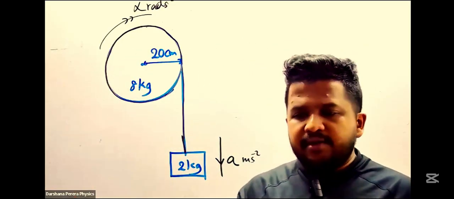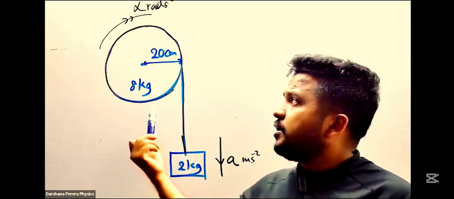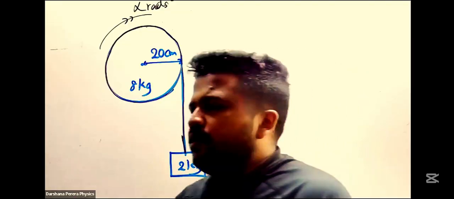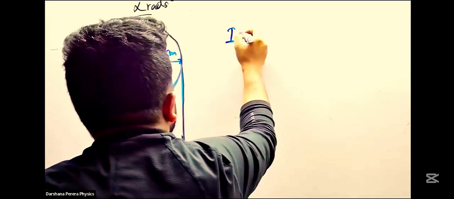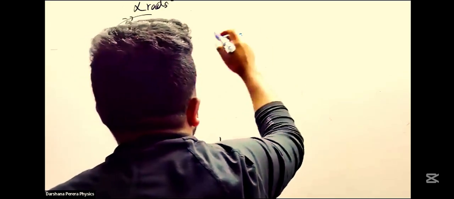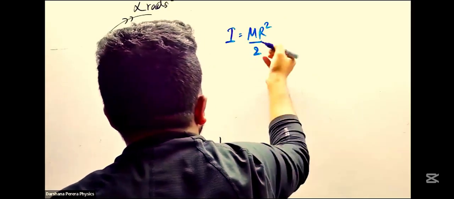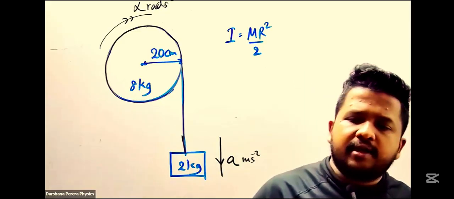Then you have to apply F equals ma to 2 kilogram, and tau equals I alpha to this one. You know the I of the solid cylinder is m r square over 2. Okay, I think it's clear.